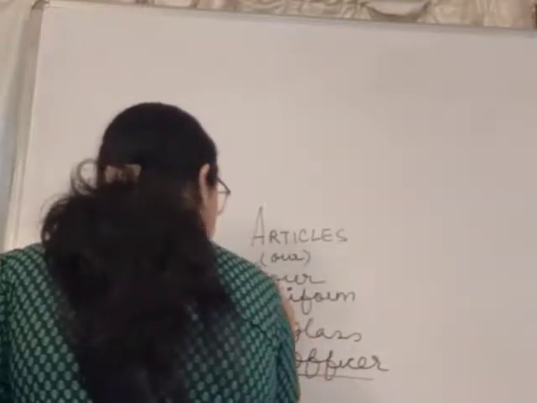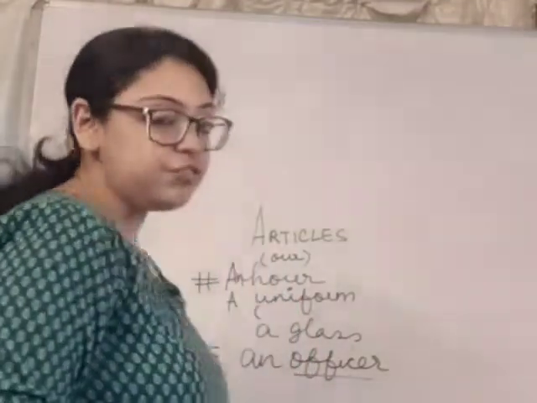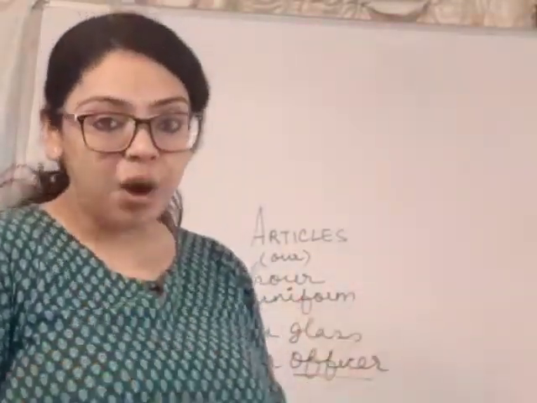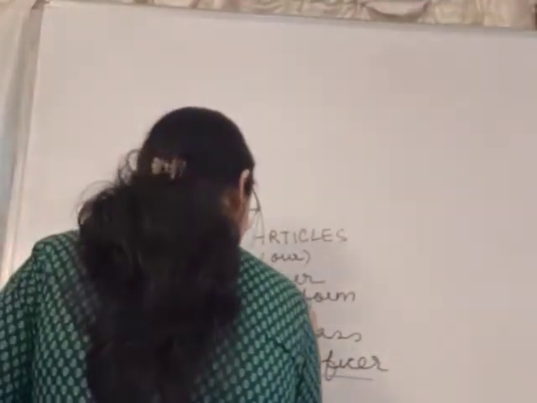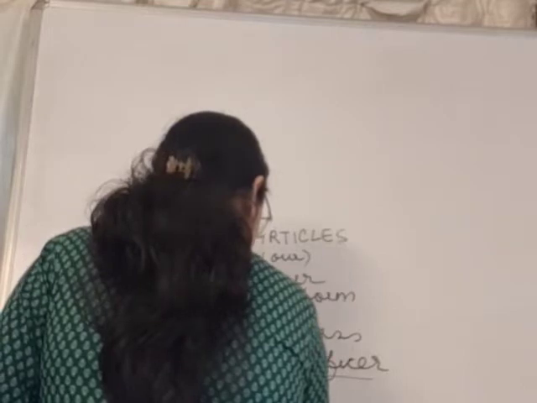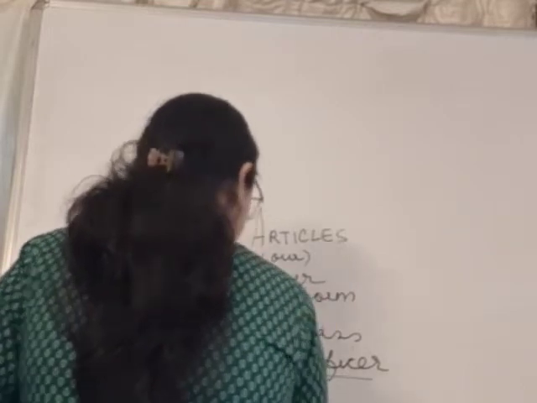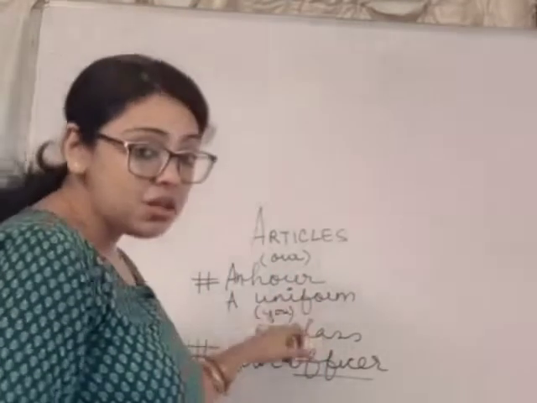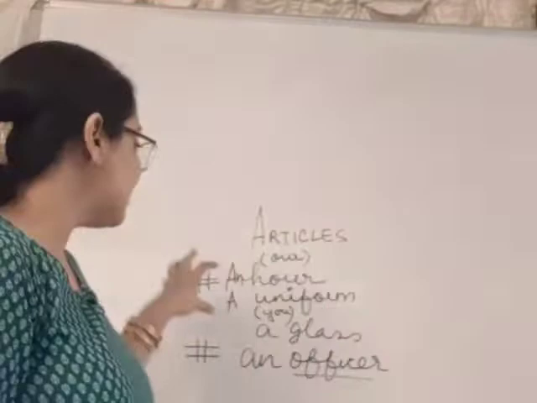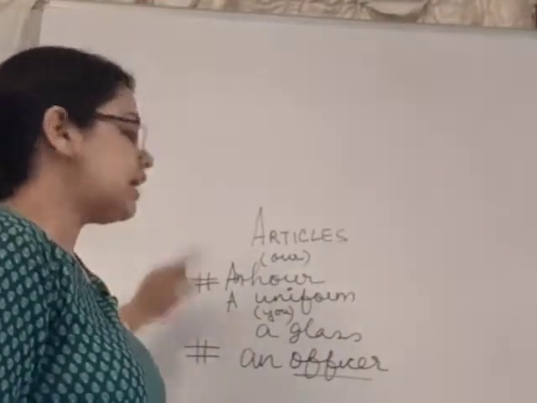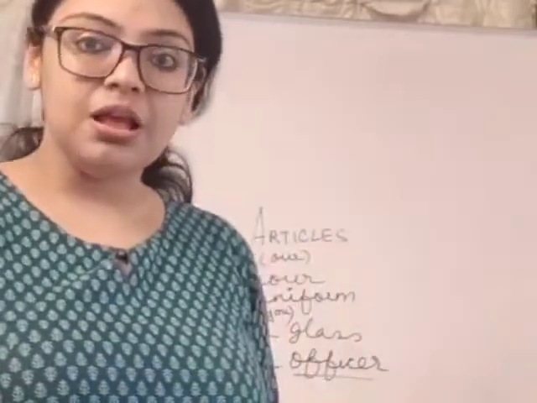Next, let's look at uniform. Uniform, though it starts with a vowel, sounds more like U, which is a consonant sound. So that is the only reason why we put an before hour and a before uniform or unicorn or university, and so on.